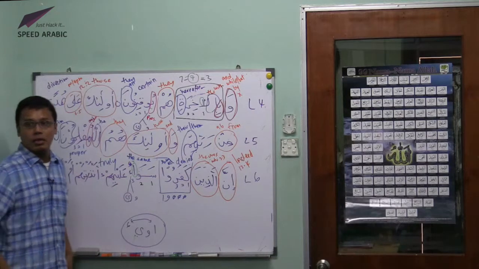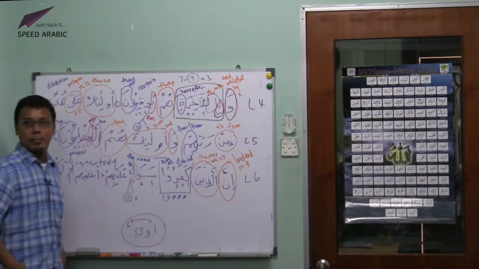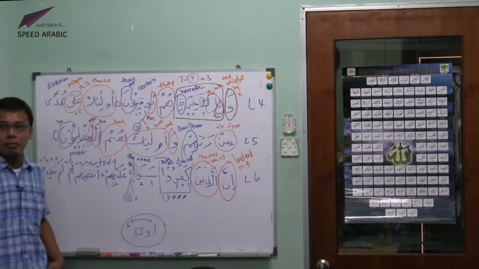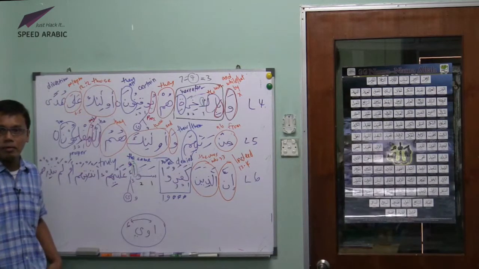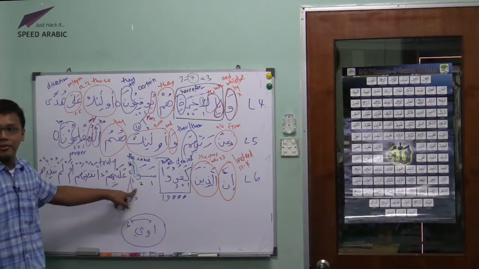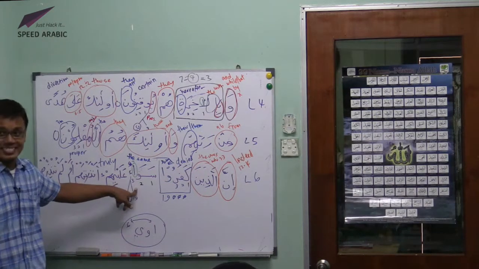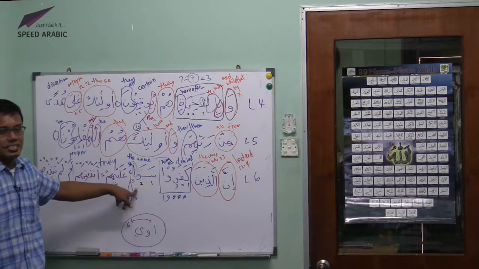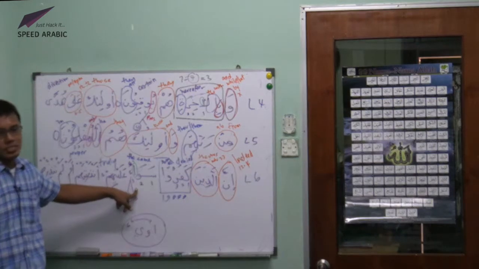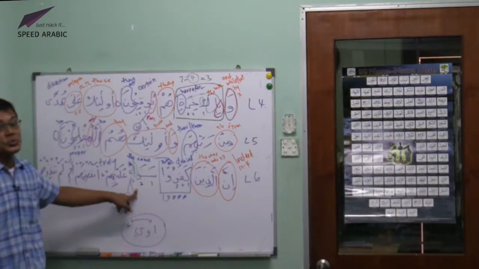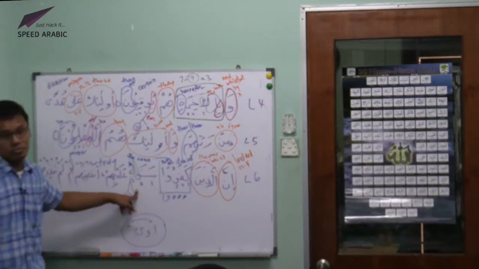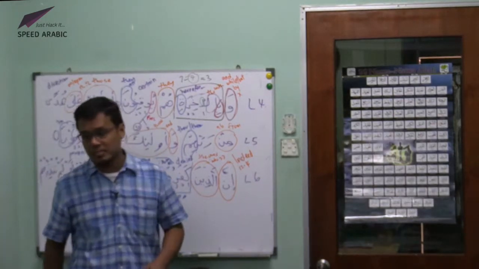Because previously a noun also got a tanwin, right? It's a noun. So I look at it, sawaun, the hamza got a tanwin. So can I just take it as a noun? Of course, this is a noun. Because it's a noun, if you want to know the form, you just go to your previous table.